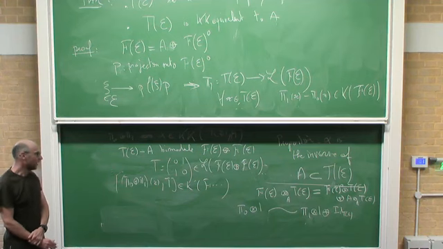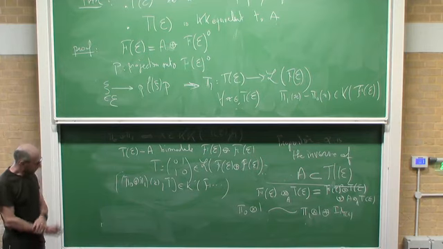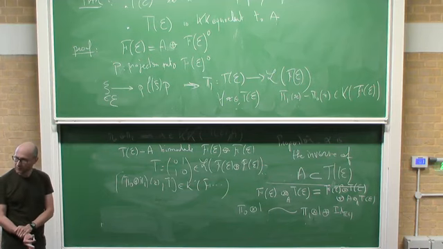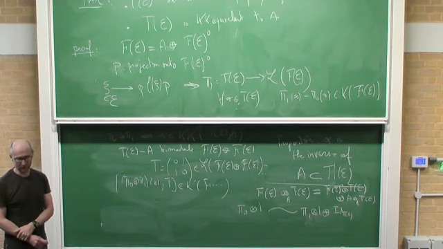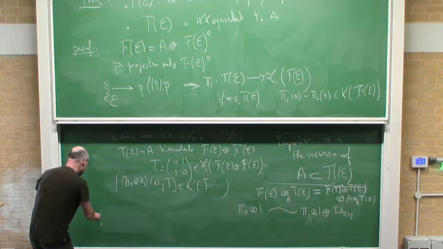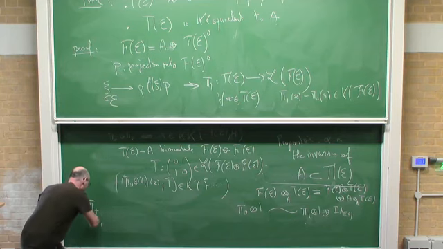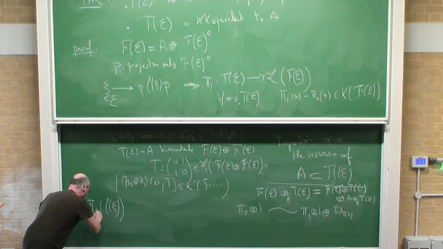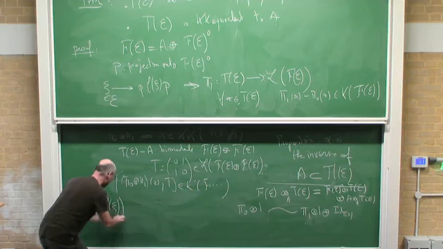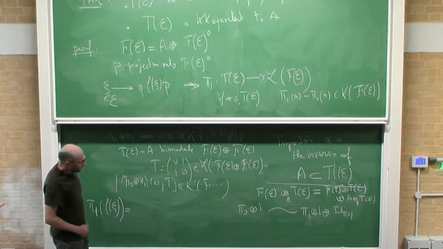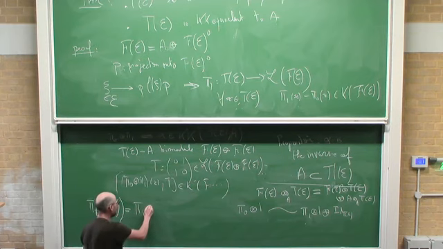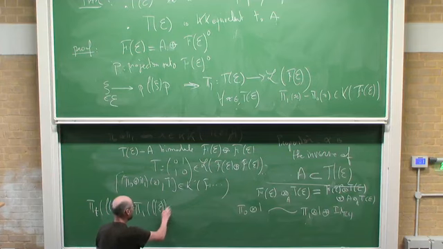And now what Pimsner observed, is that this homotopy is very simple, at least on the creation operators. So you have pi t, and I can give you a formula. So pi t of a single creation operator L of psi is going to be my pi 1 of L of psi tensor 1.